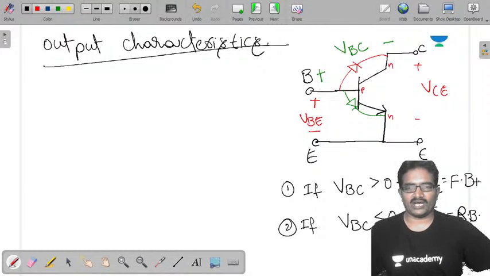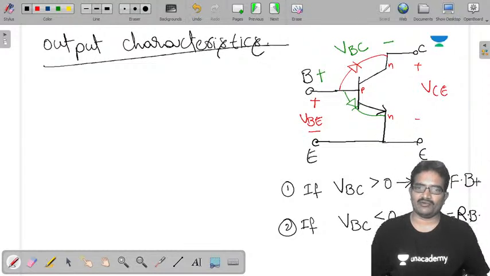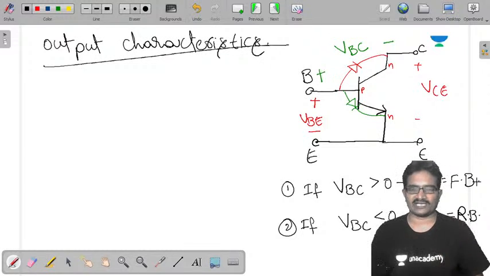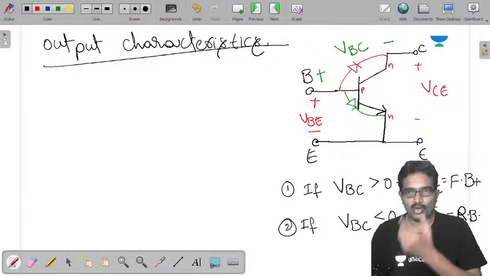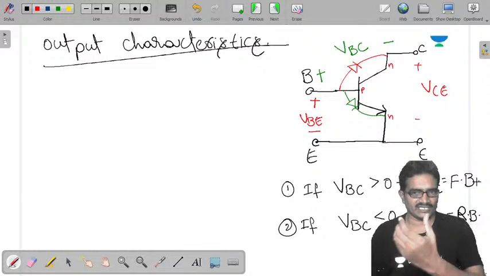Now you may ask, sir, we are not applying any voltage between base and collector, so how can you get VBC? I accept that, but we are applying the voltage between base and emitter and between collector and emitter. These two voltages are sufficient to get the value of VBC.